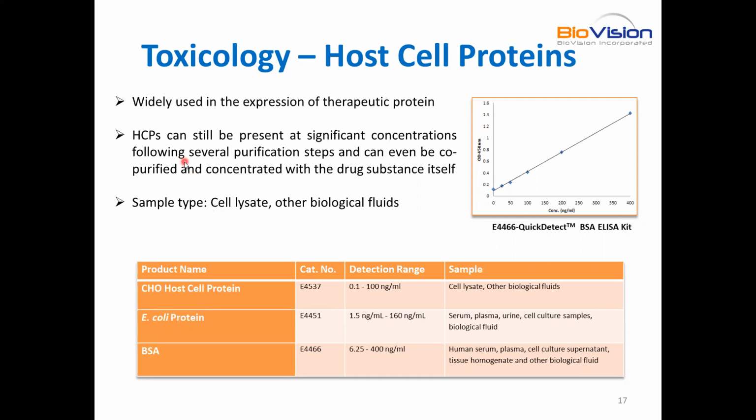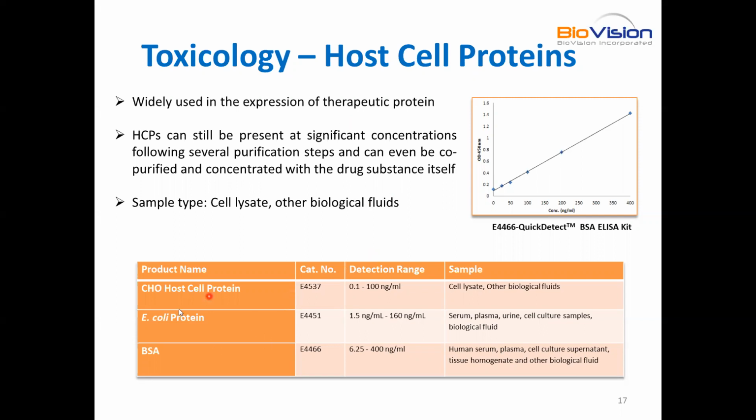However, after the expression, HCPs can still be present at significant concentration after several purification steps, and can even be co-purified and concentrated with the drug substance itself, which can definitely be toxic for various downstream or therapeutic applications.